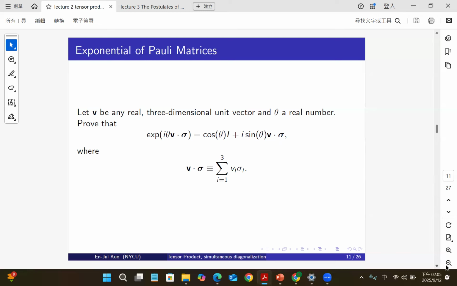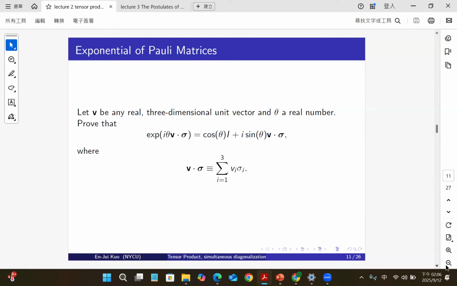By definition, you can write the Taylor expansion, the sum over k of x to the k over k factorial, which is the calculus expression.